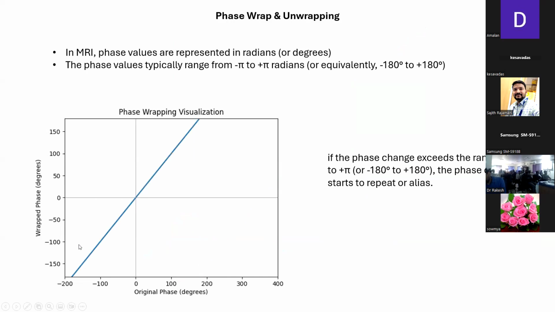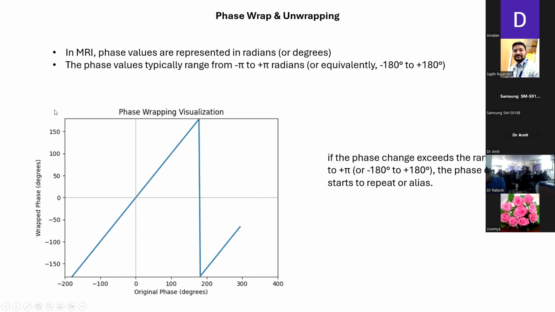In this graph, I have set up a phase value of 190 degrees, but I am representing only minus 180 to plus 180, but my phase value is 190 degrees, which means this is more than this representation. So what will happen? It will be assigned to minus 170 degrees, because it is a 360 degree circle, right?